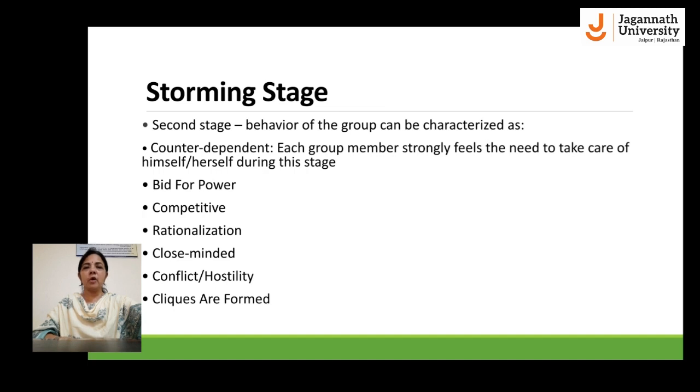The second stage of group formation is the storming stage, and the behavior of the group in this stage is characterized as counter dependent, where each group member strongly feels the need to take care of oneself. In this stage, the bid for power begins, meaning who is going to take control.